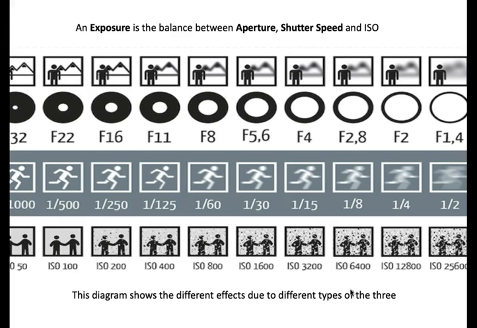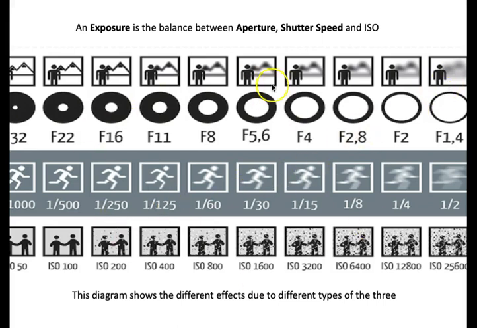So this diagram shows you the different effects due to the different types of the 3 things that make up your exposure triangle. ISO on the bottom, you can see when it goes from sharp to more noisy. Your shutter speed in the center, where it goes from stop motion to more blur. And then your f-stop aperture, where it goes from deep depth of field to more shallow.